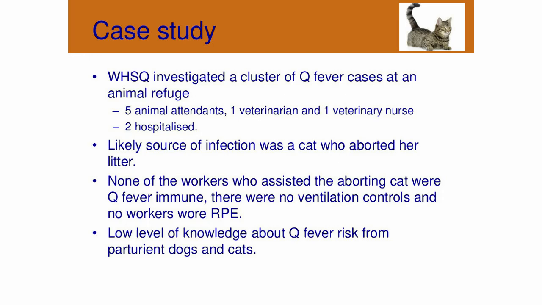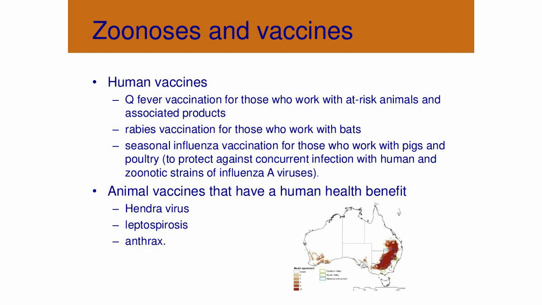So I've already discussed vaccination in the context of Q fever and rabies or ABLV. Only a few zoonoses are vaccine preventable. Vaccines don't eliminate the hazard because not all vaccines work 100% of the time in 100% of people, but they are an important engineering control because vaccines are engineered substances.